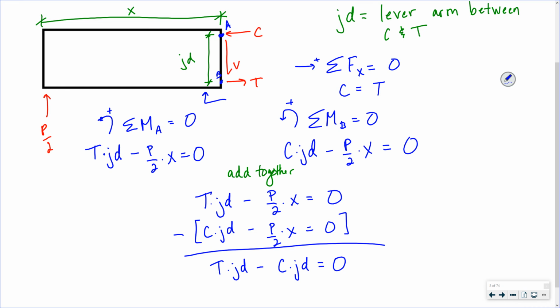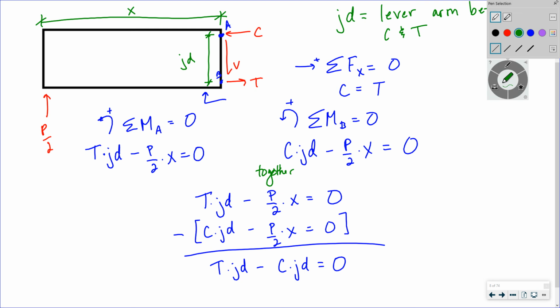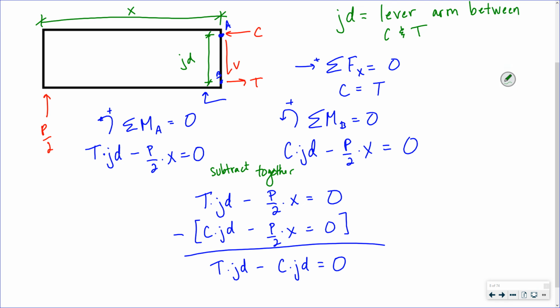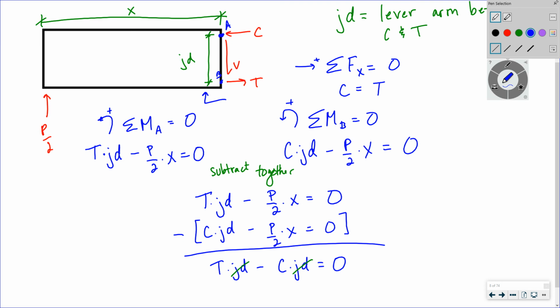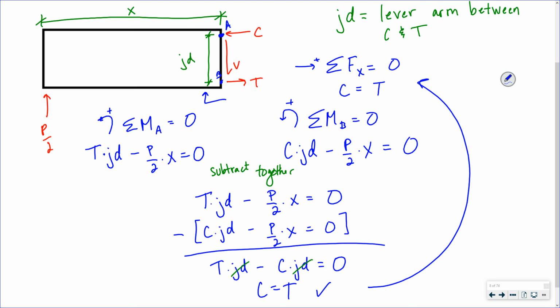Negative P over 2 times X plus P over 2 times X. Can factor out that JD, and so again I get C equals T, which is similar to what I got up here, right?